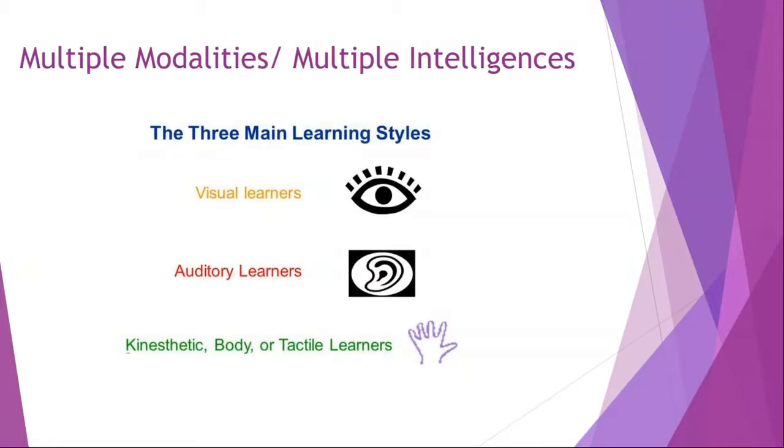A quick check online will yield a variety of versions of multiple modalities, including this version, which includes 3 separate modalities: visual learners, auditory learners, and kinesthetic body or tactile learners.